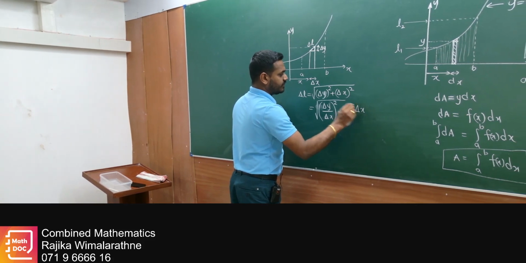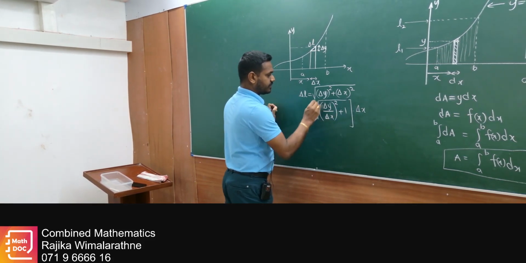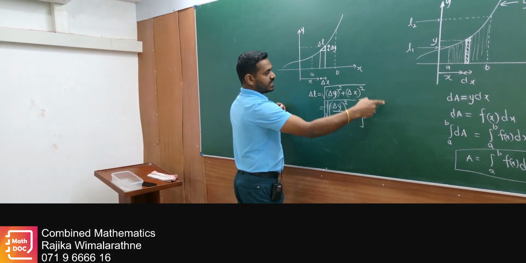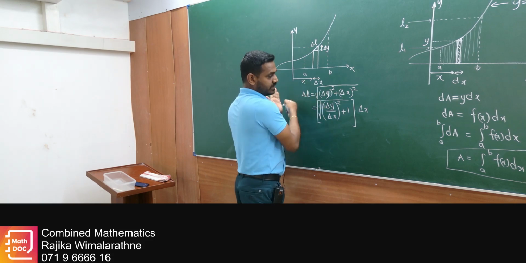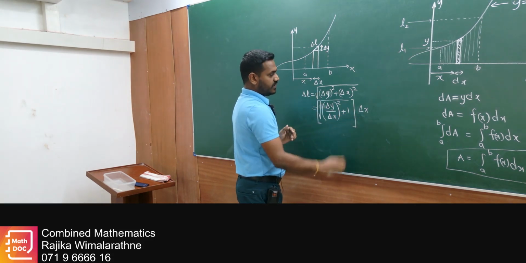Taking delta x squared outside the square root, delta x comes out. That's it.